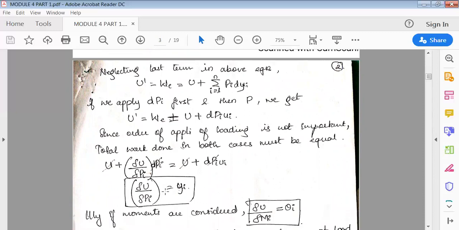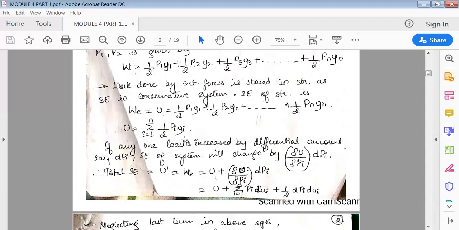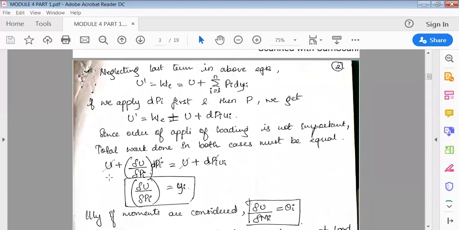Since the order of application of load is not important, the work done in both cases must be equal. So U plus dou U by dou Pi into dPi is equal to U plus dPi Yi.